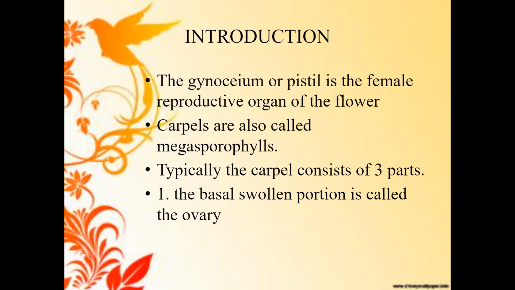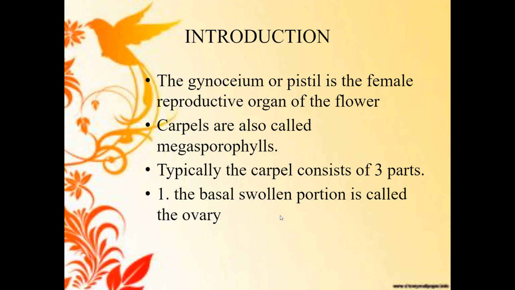The gynoecium or pistil is the female reproductive organ of the flower. The carpels are also called the megasporophylls. Typically, the carpel consists of three parts.